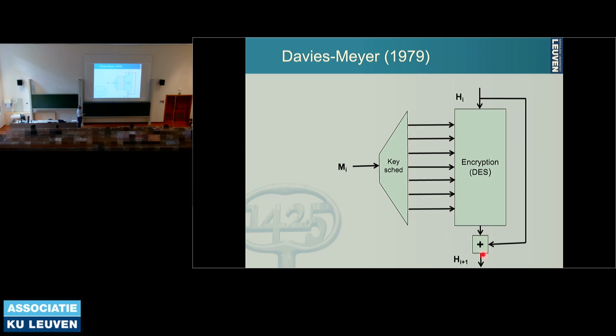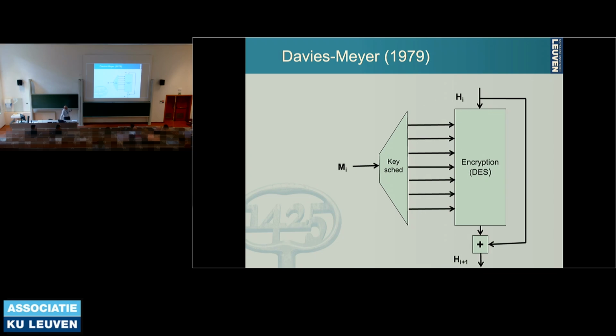Then you output the ciphertext, and then you add a feed forward, XORing the input to the output. That's to make this non-invertible, and then this gives you the next output that in the next step you will encrypt again, but now with the next message block, and so on. You can do that. It's slow, but it can be done.